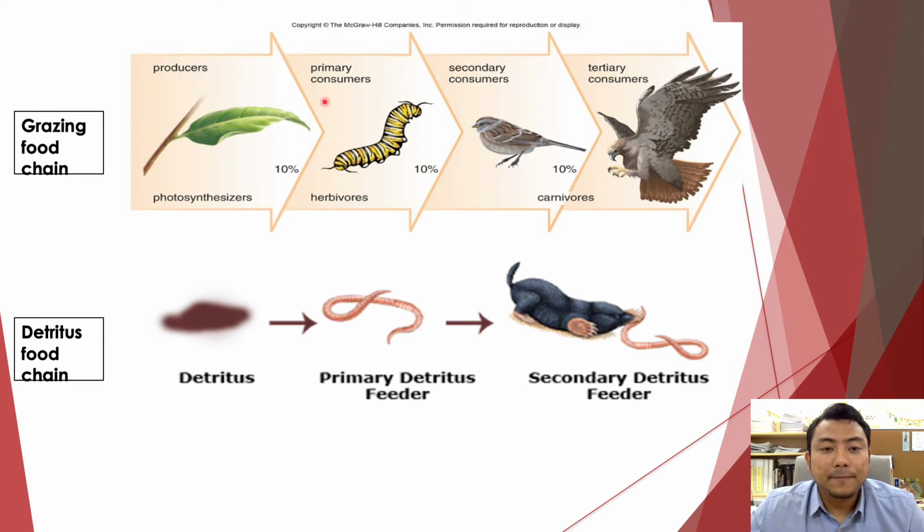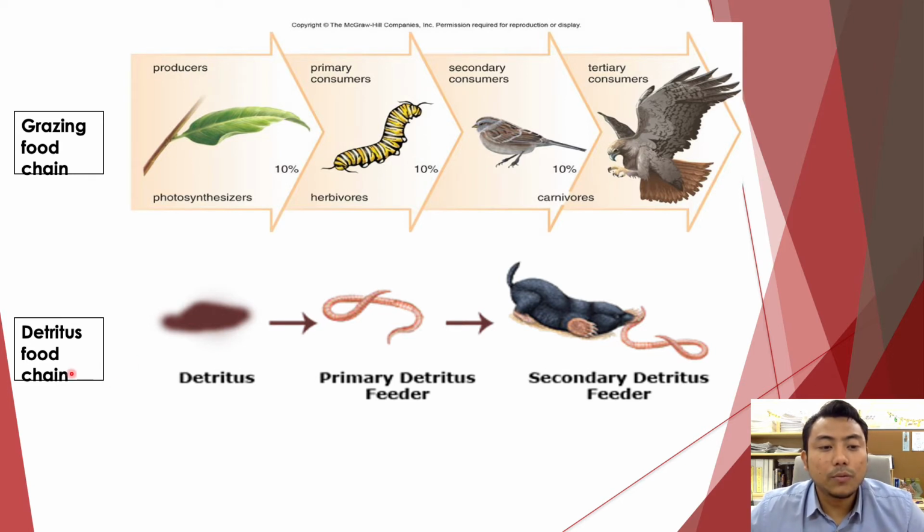For first, we begin with, kita namakan sebagai producer. After producer, we call it primary consumer, consumer yang pertama, and then followed by secondary consumer, followed by tertiary consumer. If the food chain can still support, the next one is quaternary consumer.